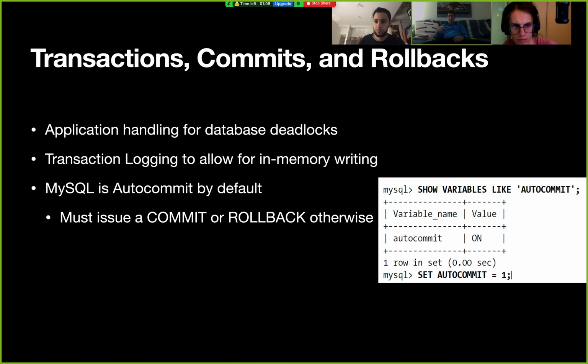Exactly. Yeah, so the application layer is responsible for handling deadlocks. So for instance, two people can make a transaction at the same time, and let's say each of them says, we're each gonna take something from this row and add it back to the other person's row, right?